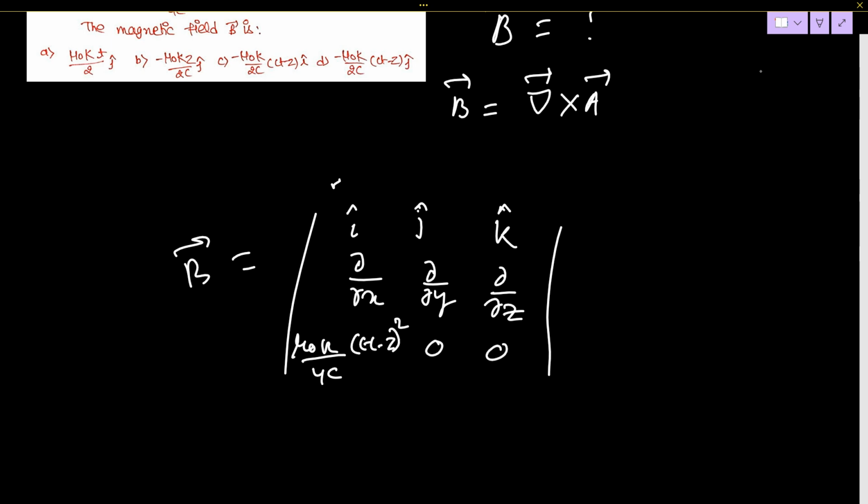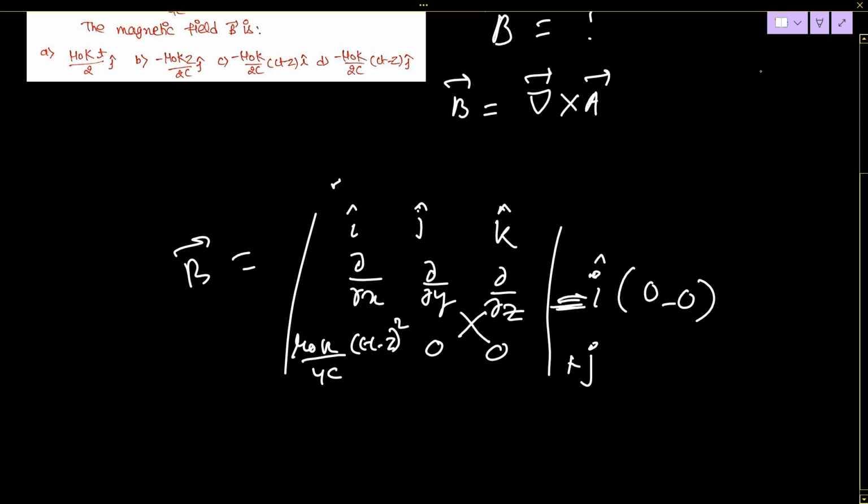So let's take I cap: this is 0 minus 0, right? Plus J cap, this one minus this one.